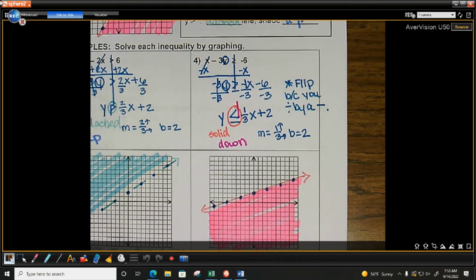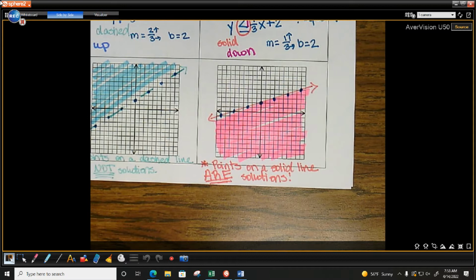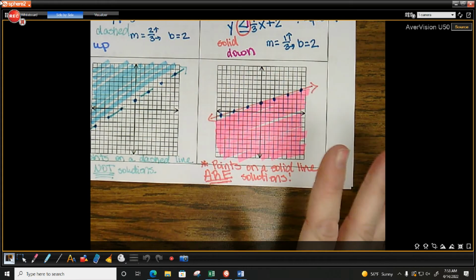Y'all can't see that. Points on a solid line are solutions. Good? Questions?